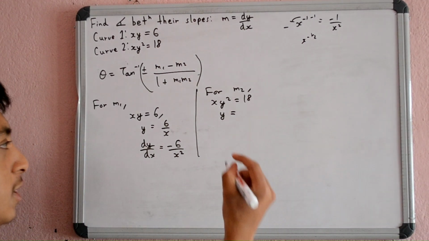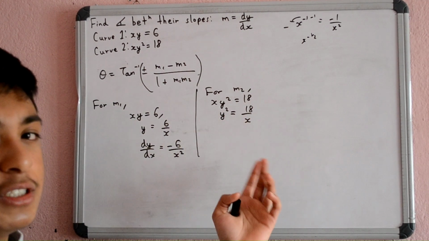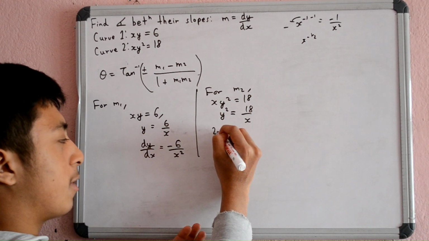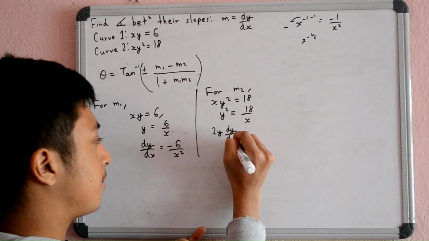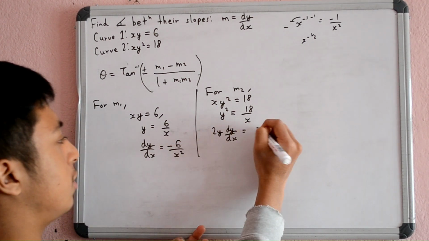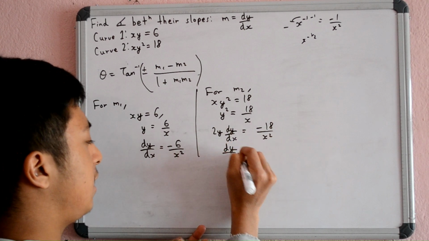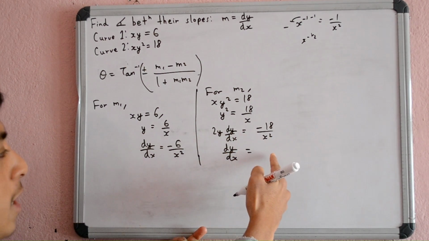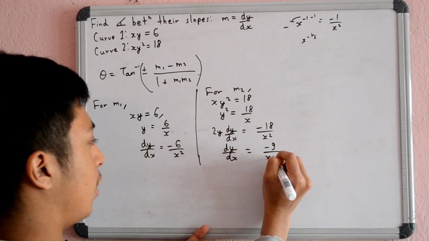But what you can do is differentiate both sides with respect to x. When you do that, the left side becomes 2y, but using the chain rule, dy by dx is equal to, similar to this, minus 18 by x squared, and dy by dx is equal to, put that below, 2, that becomes minus 9 by x squared y.